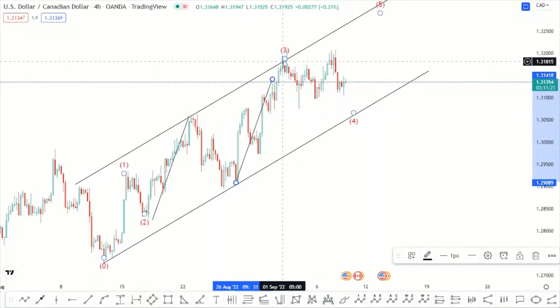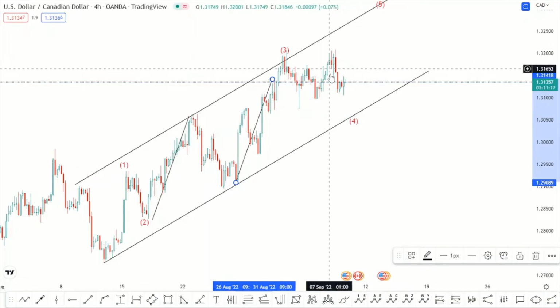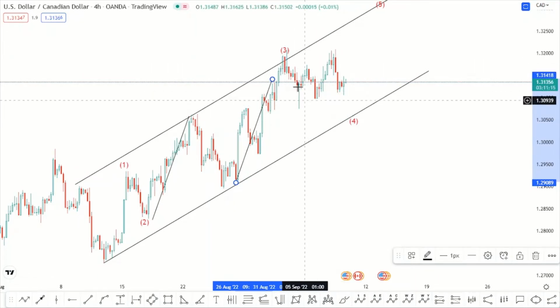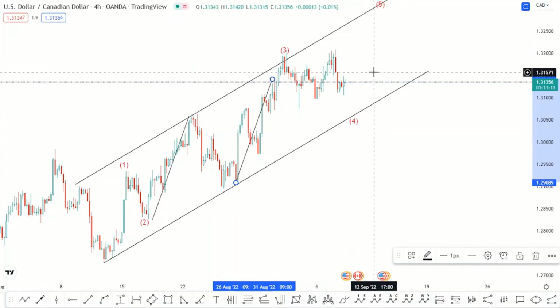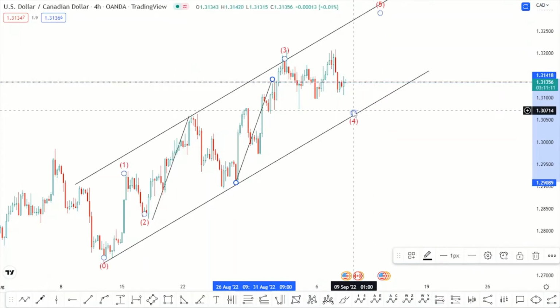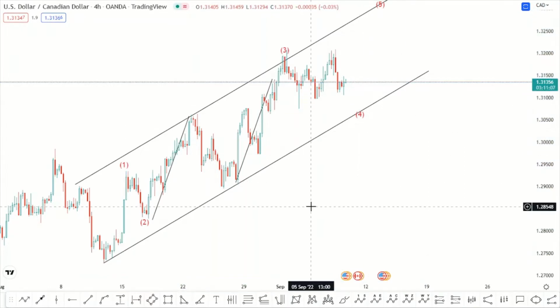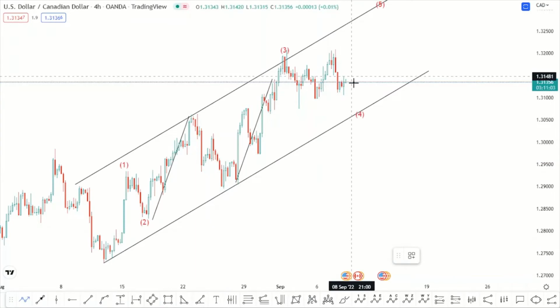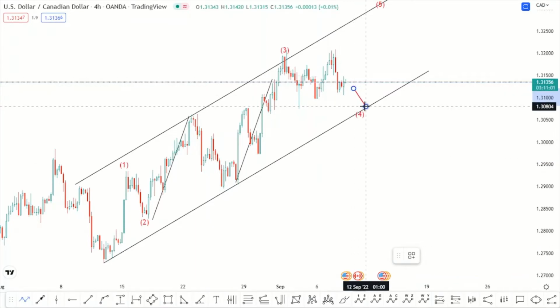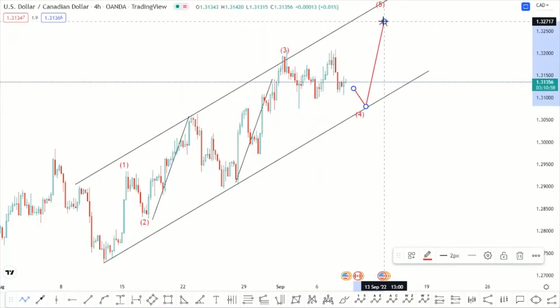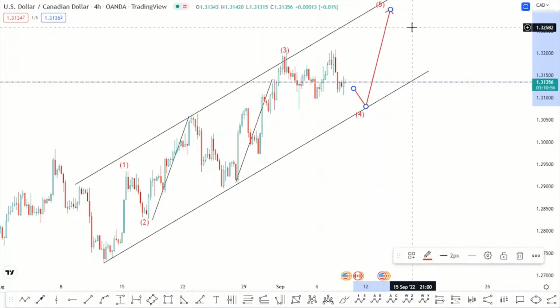So as you can see, we reached this trend line and then we stopped, and we have this little correction on the sideways, right? So if it can come at least to this line before it takes a possible bullish run, it's going to be good.